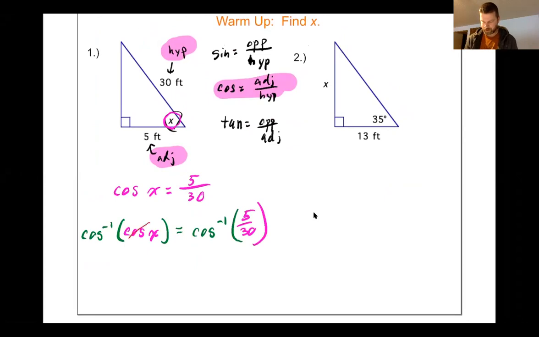Cosine inverse and cosine are opposite functions, so they undo each other. I get x by itself. And then I can just do cosine inverse of 5 over 30 in my calculator and get my answer.